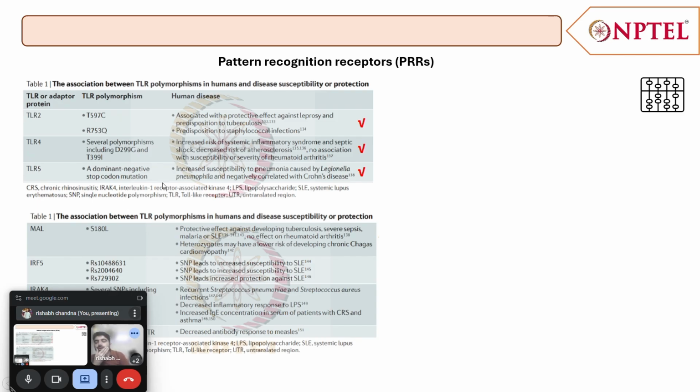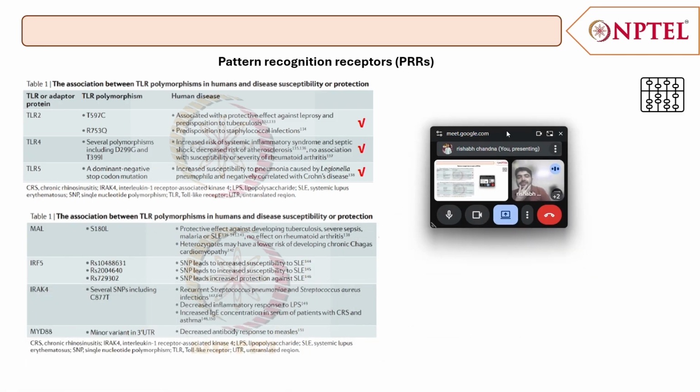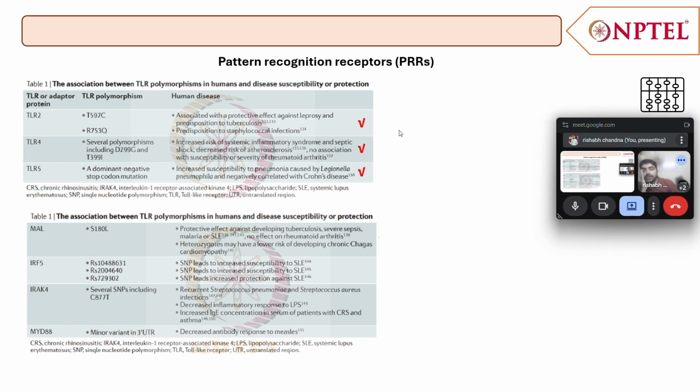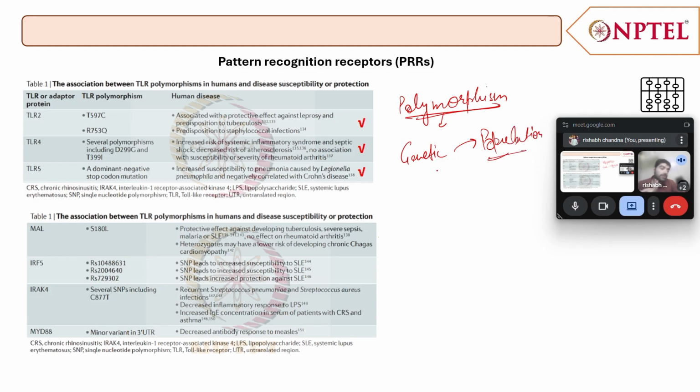So in some of the cases, what happens is there is polymorphism. Polymorphism is basically a genetic term that is seen in a population. This is basically in terms of population genetics.